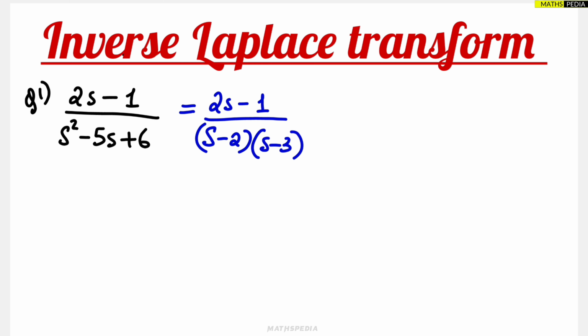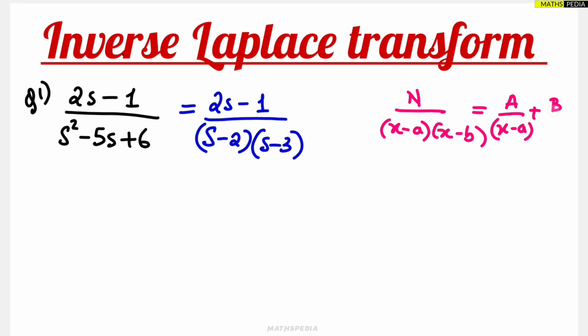We have studied that whenever you get a numerator divided by (x - a) into (x - b) linear factors, this can be split up into a/(x - a) plus b/(x - b). So this we have already studied, and you can apply it over here.